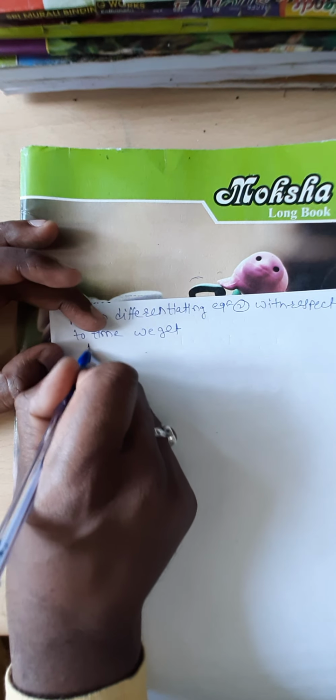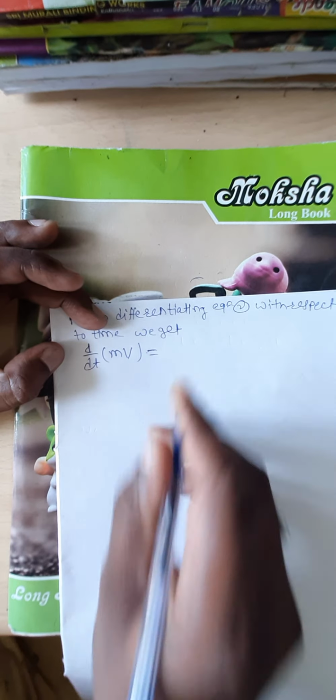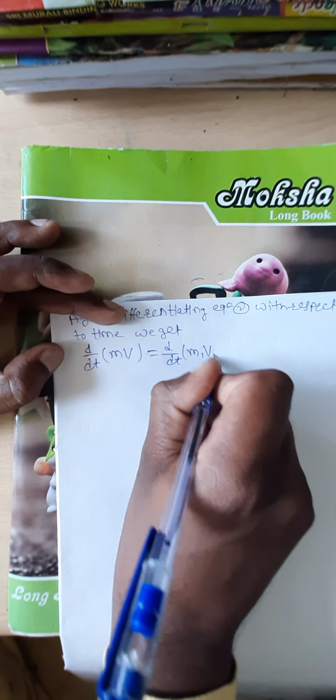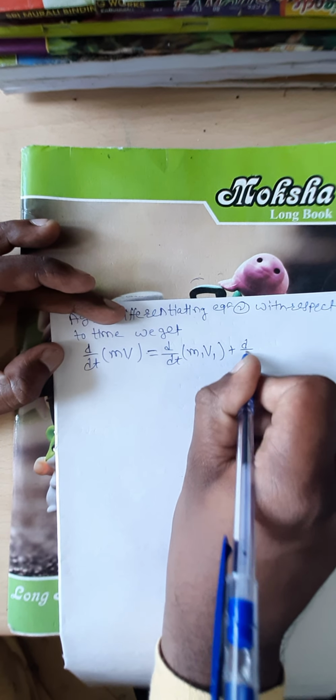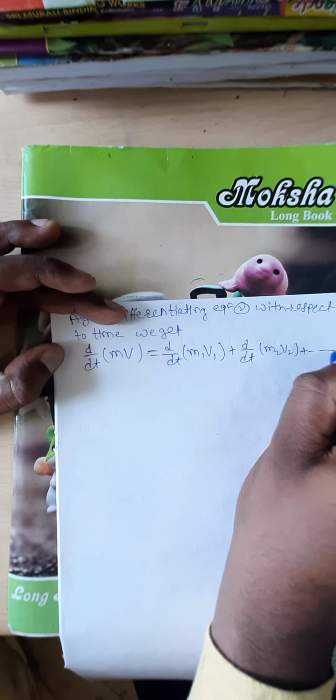Therefore d by dt of M V is equal to d by dt of m1 v1 plus d by dt of m2 v2 plus so on.